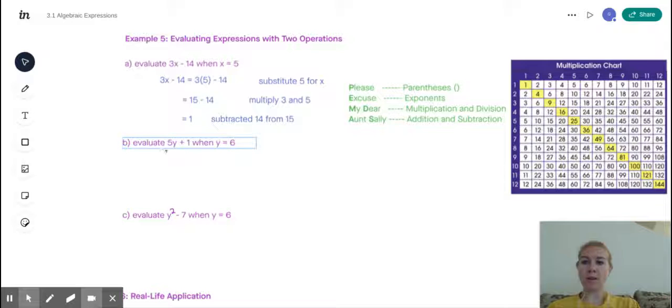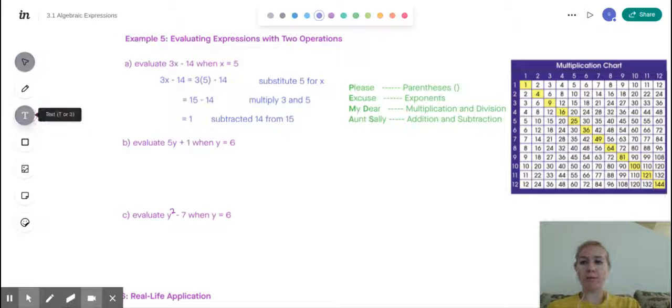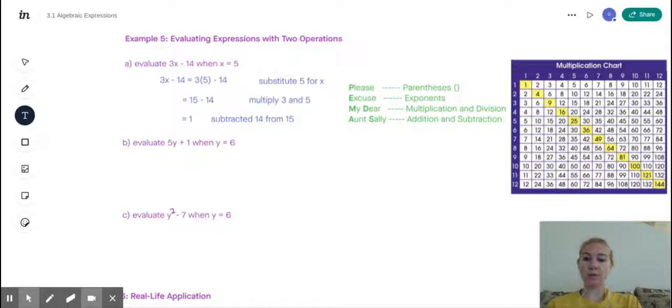Problem B says evaluate 5y plus 1 when y equals 6. So again, we're going to be multiplying 5 times y. So first thing I'm going to do, let me get down my expression here. So we had 5y plus 1. Okay, the first thing I'm going to do is I'm going to substitute 6 for y. So it's going to be 5 parentheses 6 plus 1.